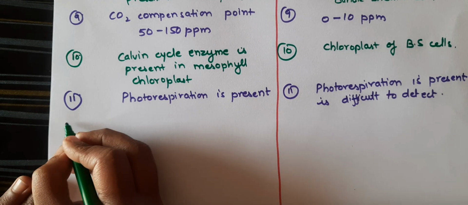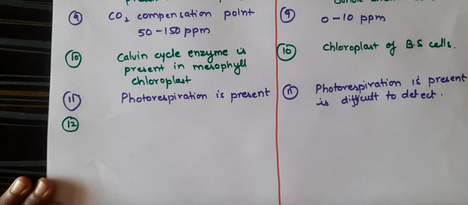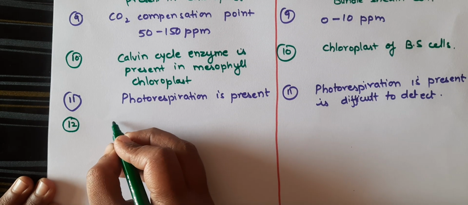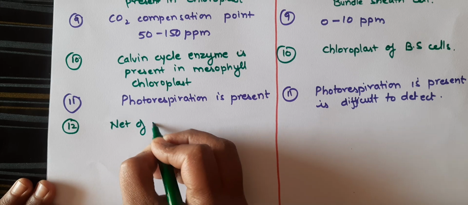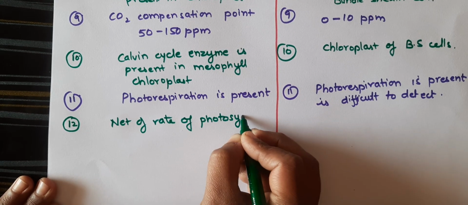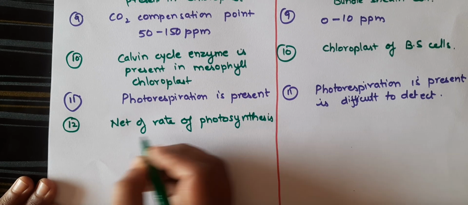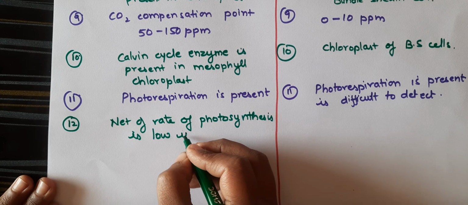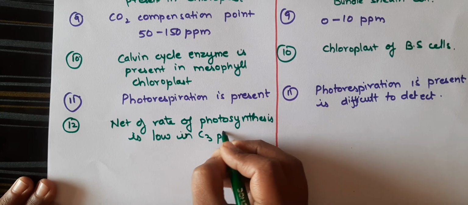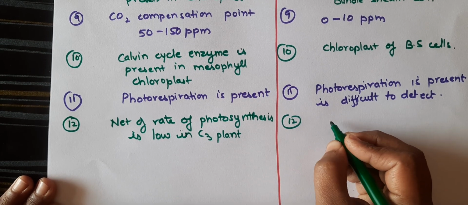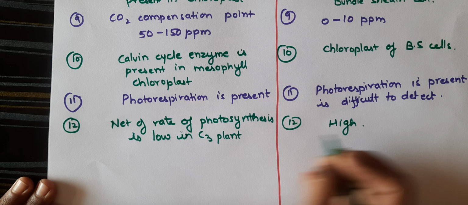So now the 12th difference between the C3 and C4 plant is that the net rate of photosynthesis in full sunlight is low in C3 plants. However, the net rate of photosynthesis of C4 plant is high. How low is it?